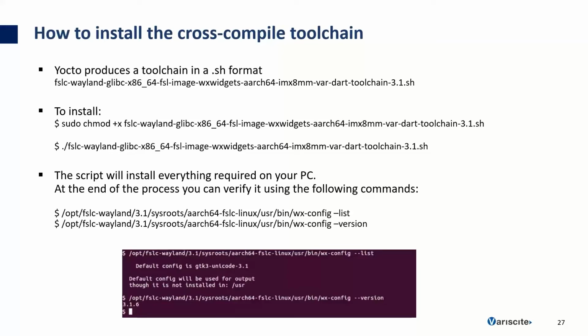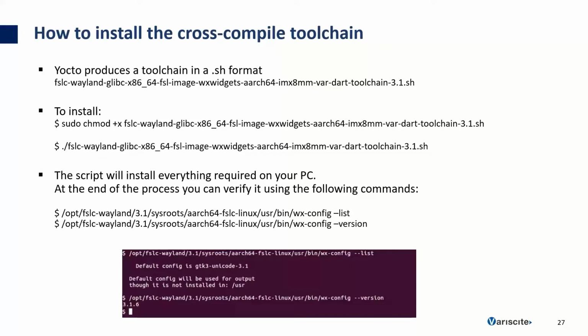First of all, let's start installing the cross toolchain on the PC. This is the toolchain that you can download from the previous page. Once you download it, just ensure that it's executable, because maybe during the download you may lose the executable flag, and just run it.